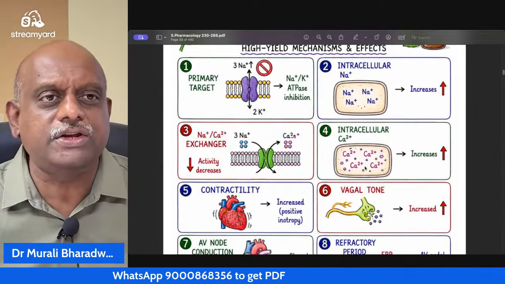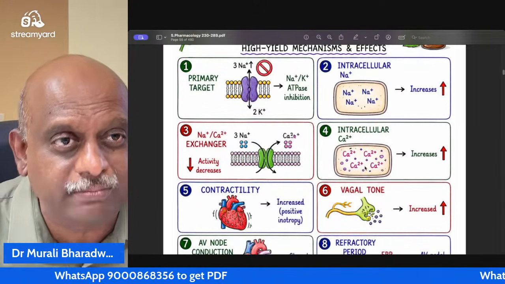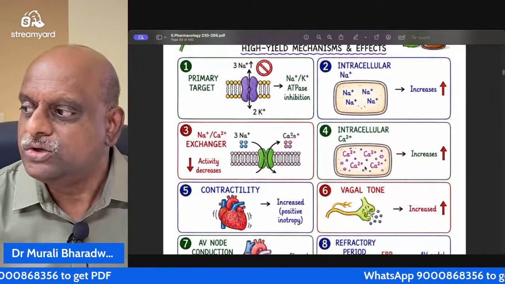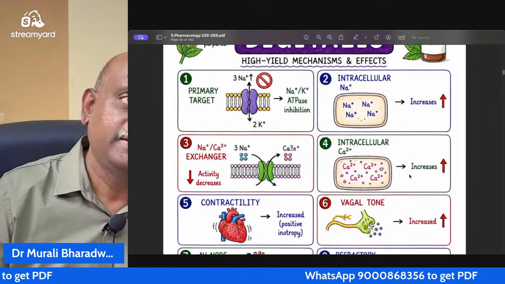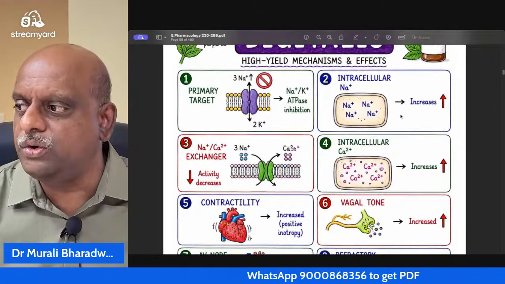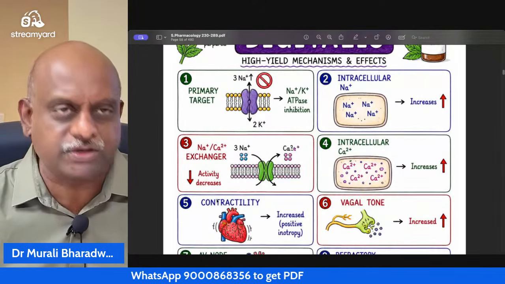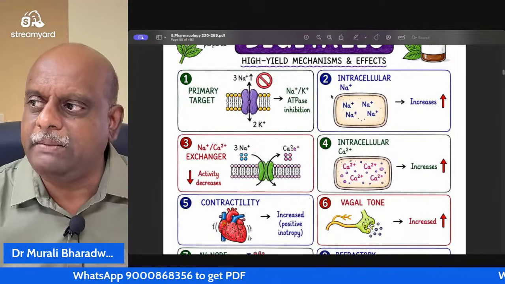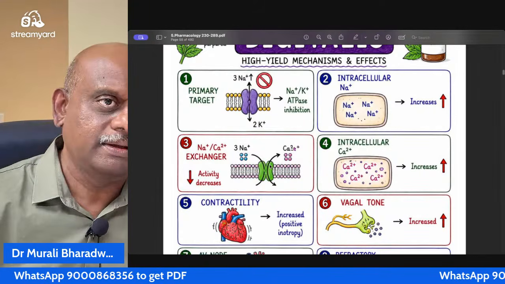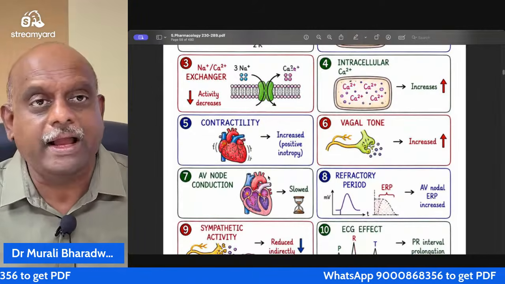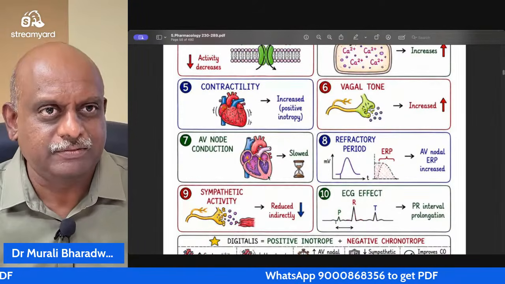That releases calcium from the sarcoplasmic reticulum, increasing the myocardial contractility. So, ultimate effect is what? Rise of intracellular sodium, rise of intracellular calcium, inhibition of sodium-calcium exchanger. And the primary target is sodium-potassium ATPase inhibition. So it has a positive inotropic effect.